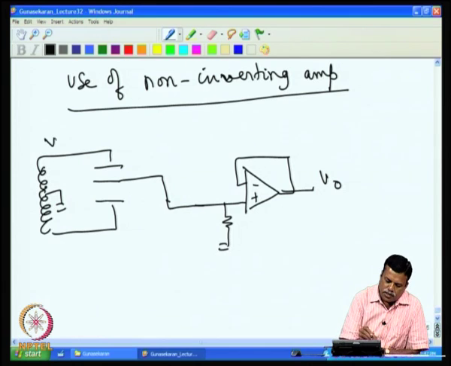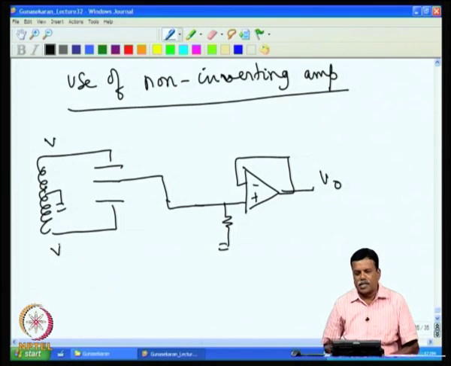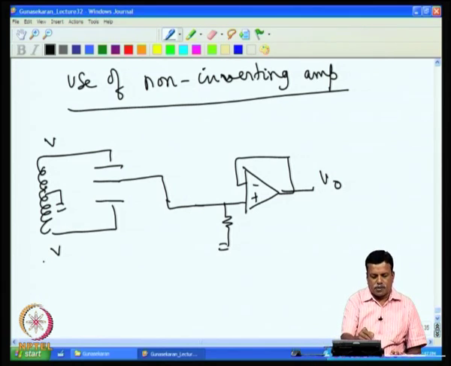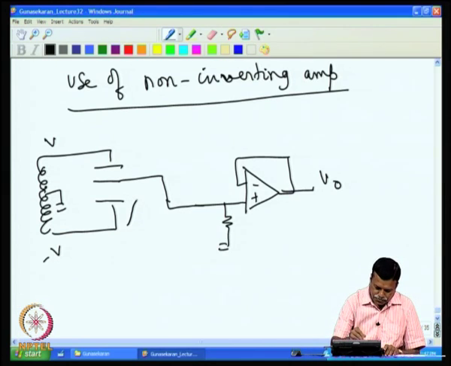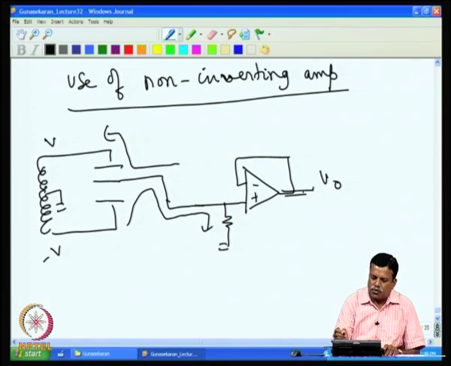If it is at the tap, then both voltages are V, one comes as V and one comes as minus V. Then the current flows like this, and the other current flows in the reverse direction. So, if both currents are equal, you will get 0 voltage.